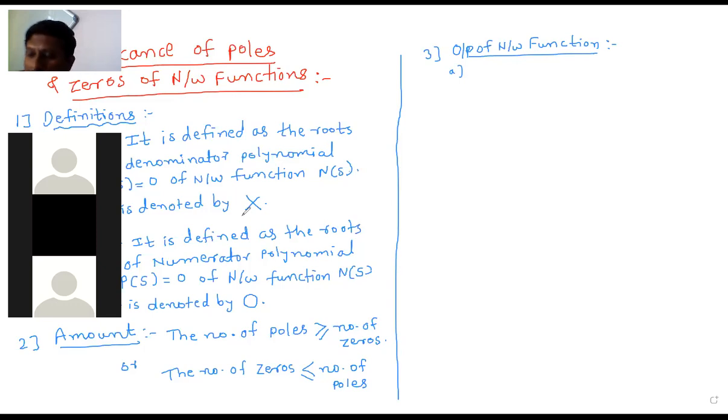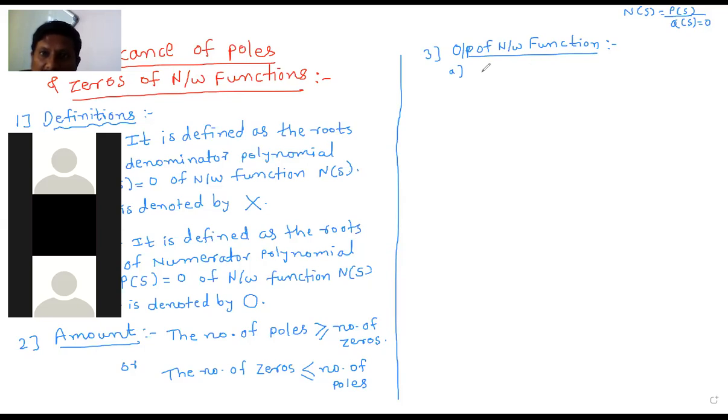When can we find the poles? When the denominator polynomial Q of s is 0. I will write here, N of s is equal to P of s divided by Q of s. Tell me, if Q of s is 0, what is the value of N of s? Infinity. Yes.